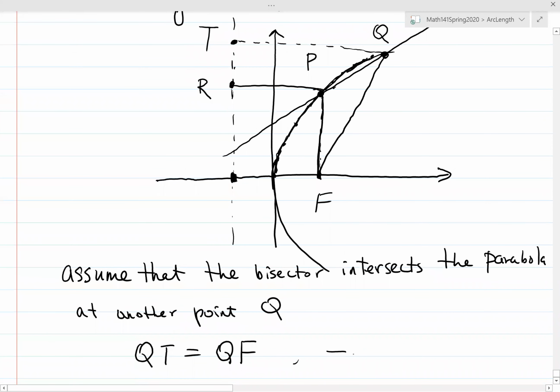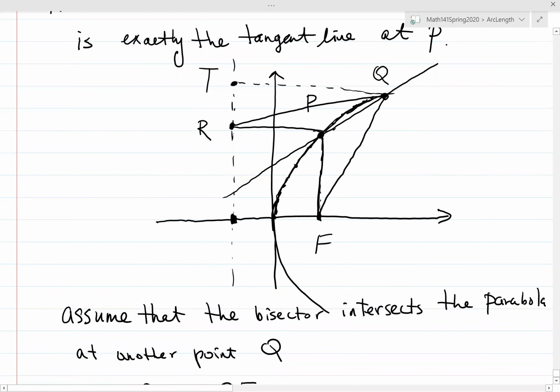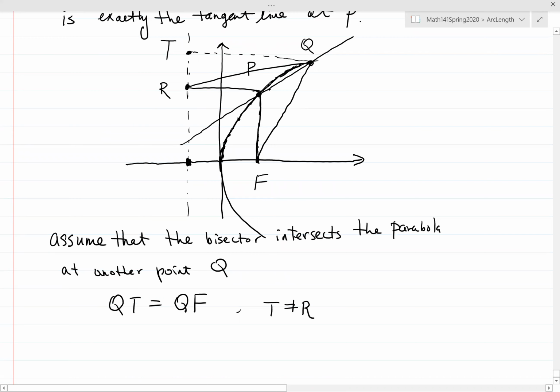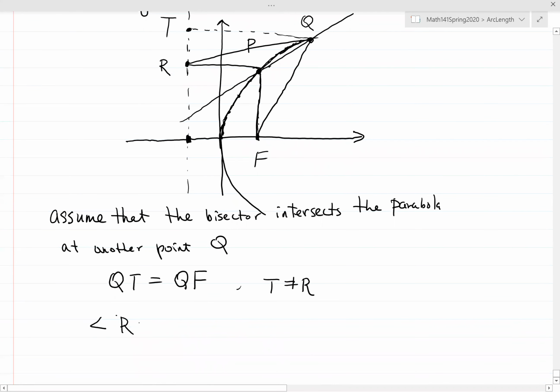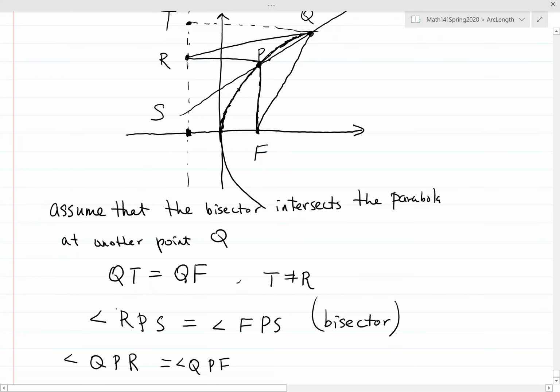T is different from R because Q is different from P. By the definition of bisector, angle RPS equals angle FPS. Subtracting that, we get angle QPR equal to angle QPF.